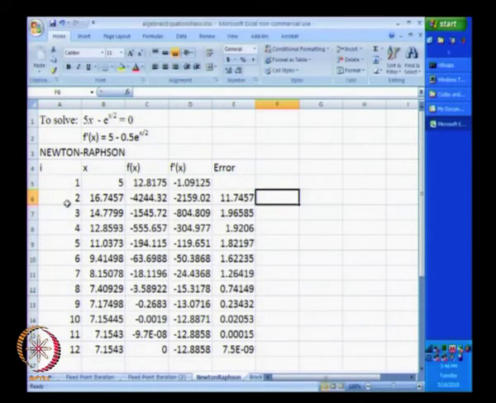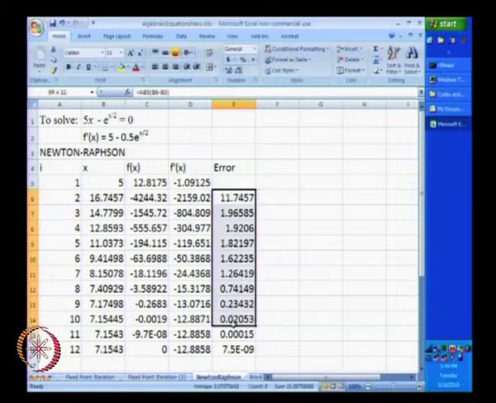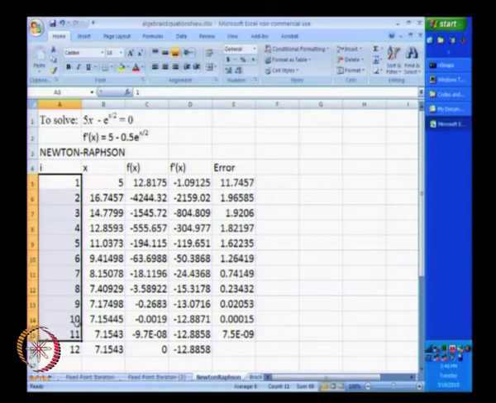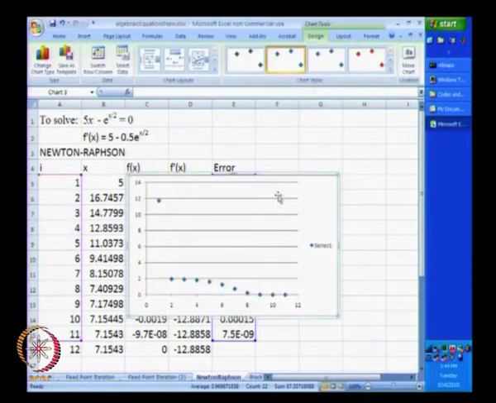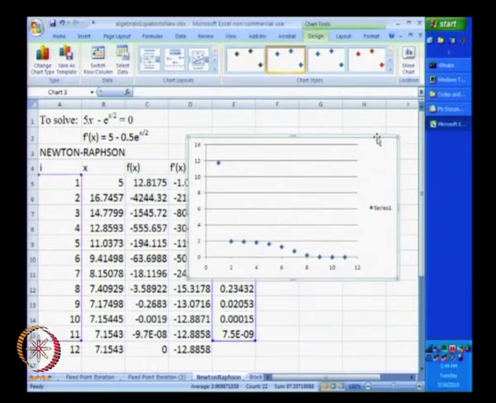Okay, these are the various errors. So this is the plot of how the errors change with iteration, as we had done in the previous lecture.